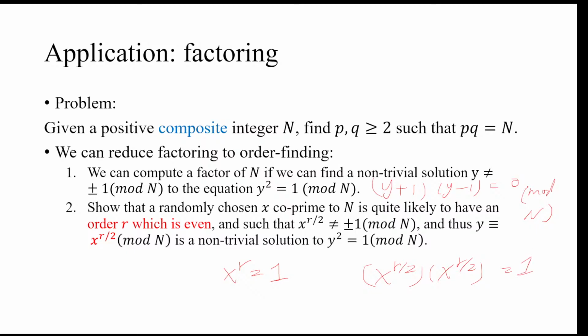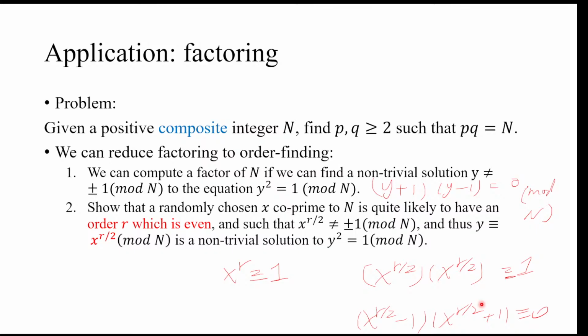Everything is mod n, so let's be sloppy with the mod. We will have x to the r over 2 minus 1 and x to the r over 2 plus 1 equal to 0. If we are lucky, then these two are our factors. That's the idea of factoring.